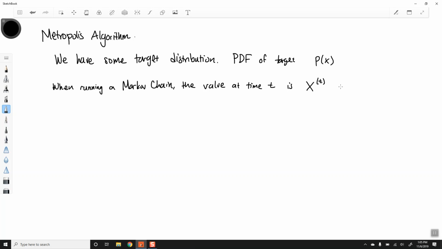The way the Metropolis algorithm works is that we will propose a new value using a proposal distribution.